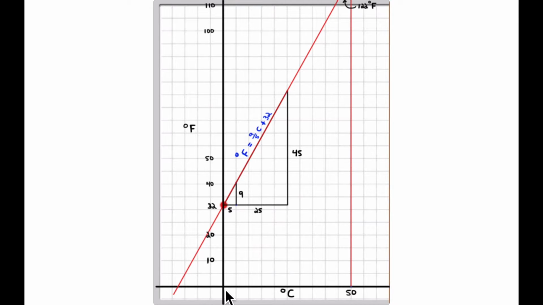So if you go out degrees Celsius to this value, 50 degrees Celsius, and then you go up to where it intersects, it's going to intersect way up here at 122 degrees Fahrenheit. It does go off the page, but you can see that this is 110. So as this is approaching this line, they will intersect at 122 degrees.